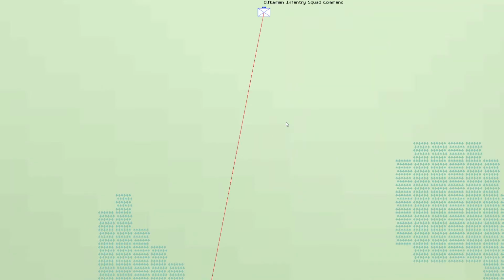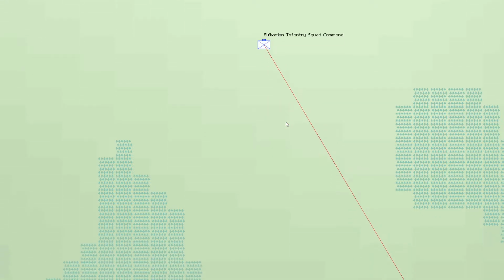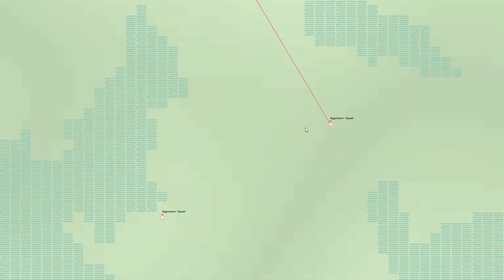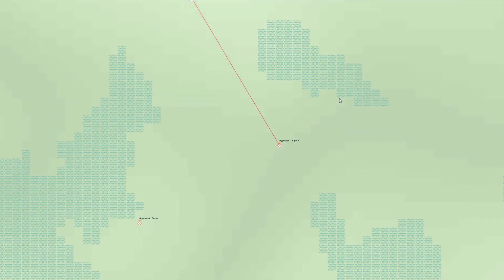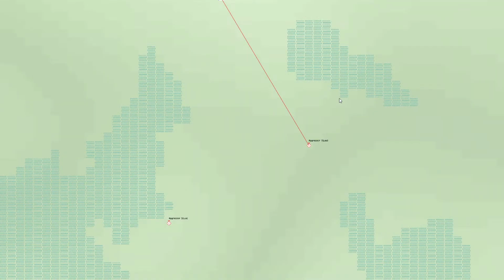So yeah, very primitive combat is happening. And now it spots the squad down here with the line of sight mechanics currently in place.